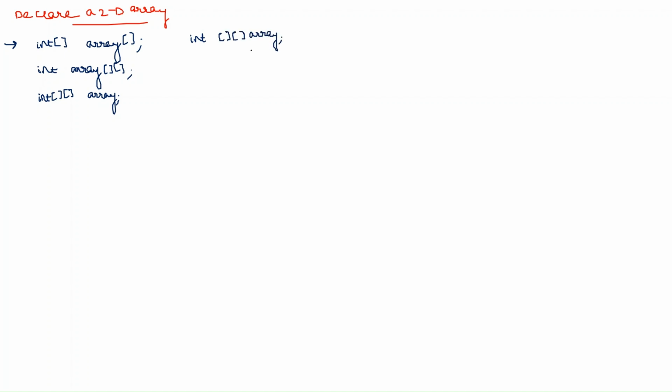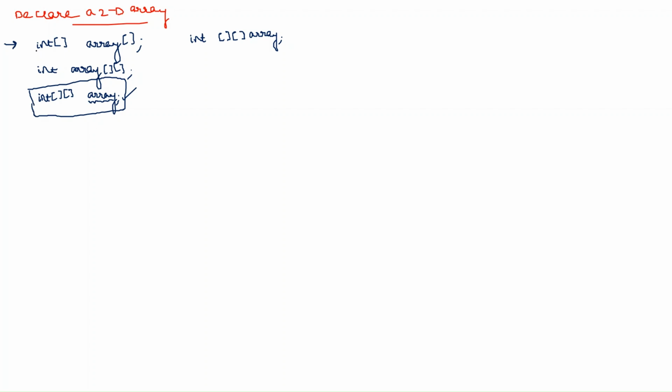So there are multiple ways, but the most preferred way is to keep the array variable separate from the dimension brackets, because this gives you a very genuine look that it is a two-dimensional integer type array.